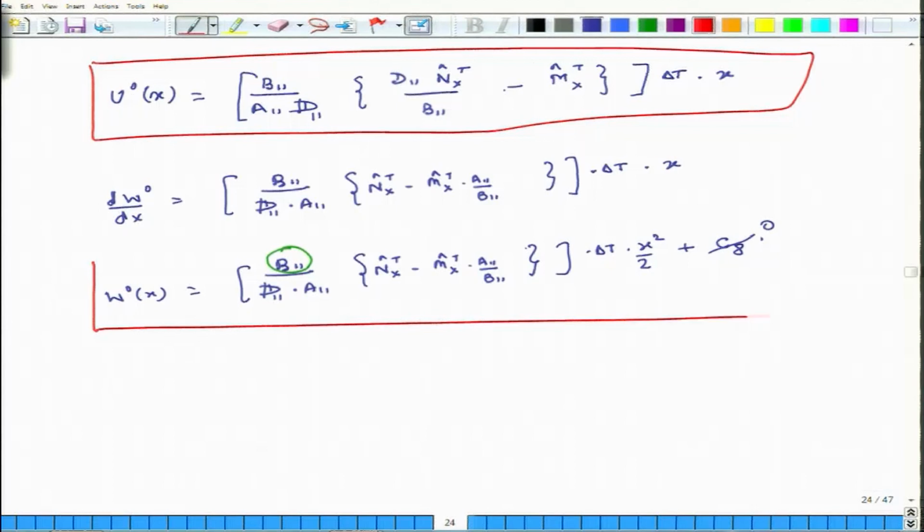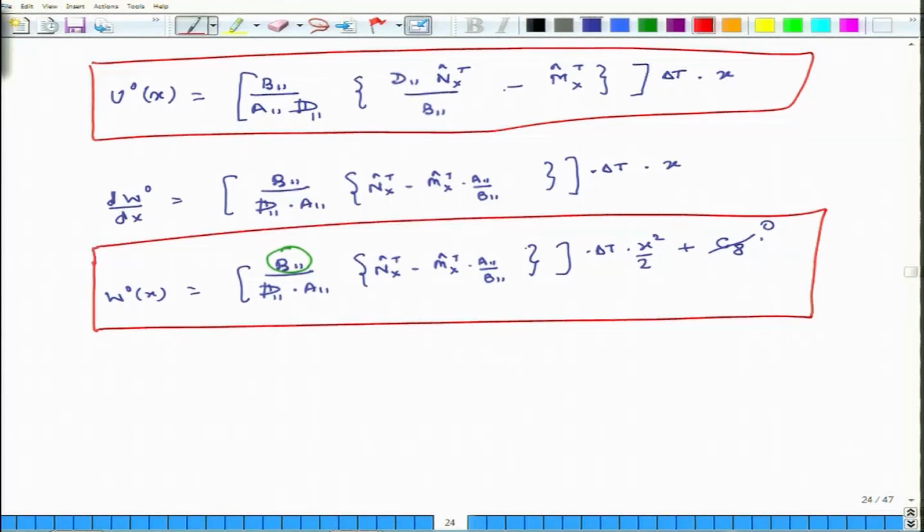It does not represent any deformation of the body. So, this is the expression for U naught, then we also have an expression for V naught, and then V naught x is equal to 0. So, these are the relations.